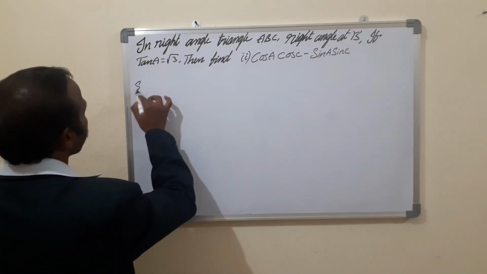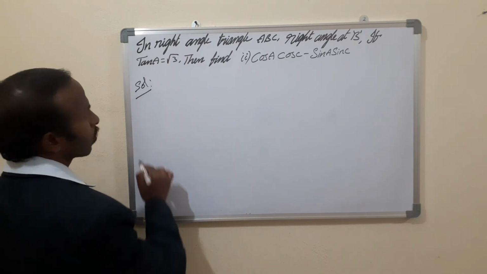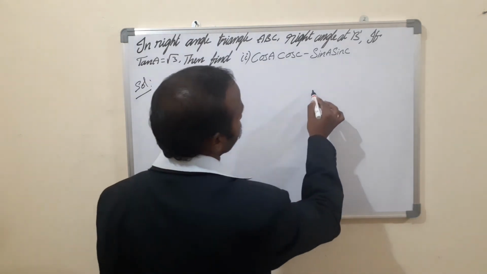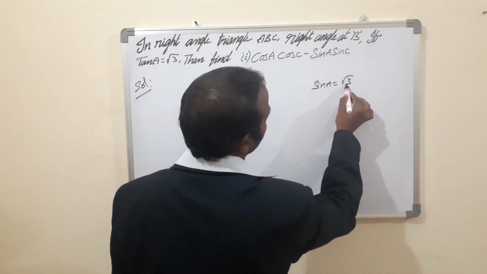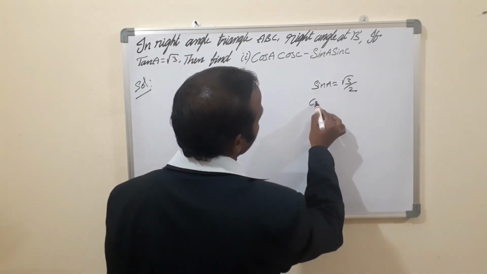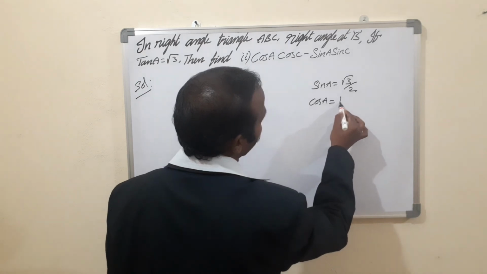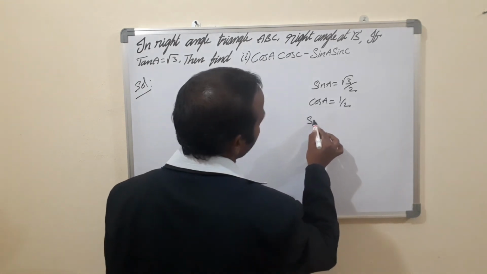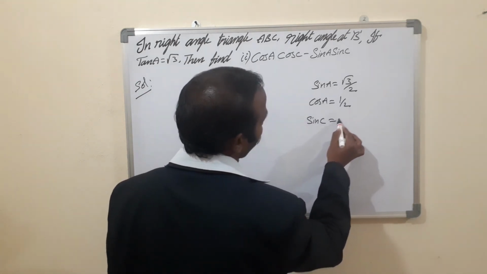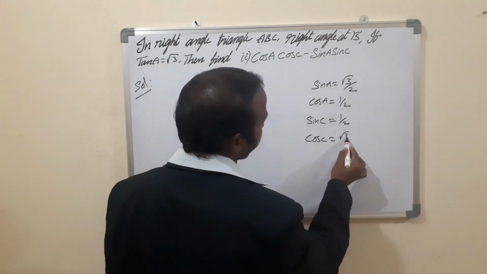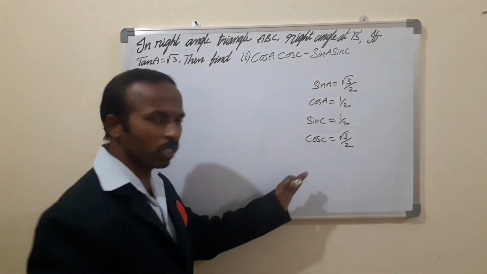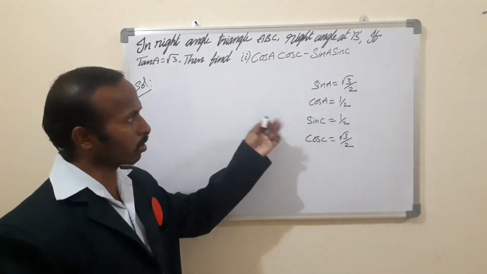See the solution. Just now we did sin A equal to root 3 by 2, cos A equal to 1 by 2, sin C equal to 1 by 2, cos C equal to root 3 by 2. These values we did in the previous problem. From that I consider.